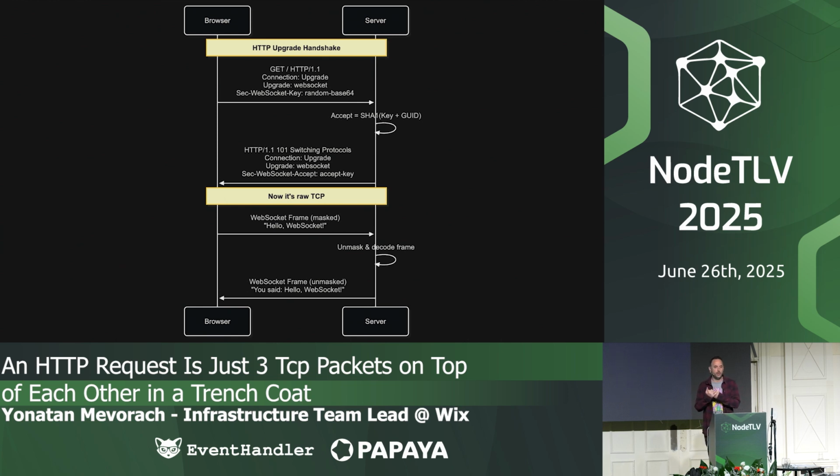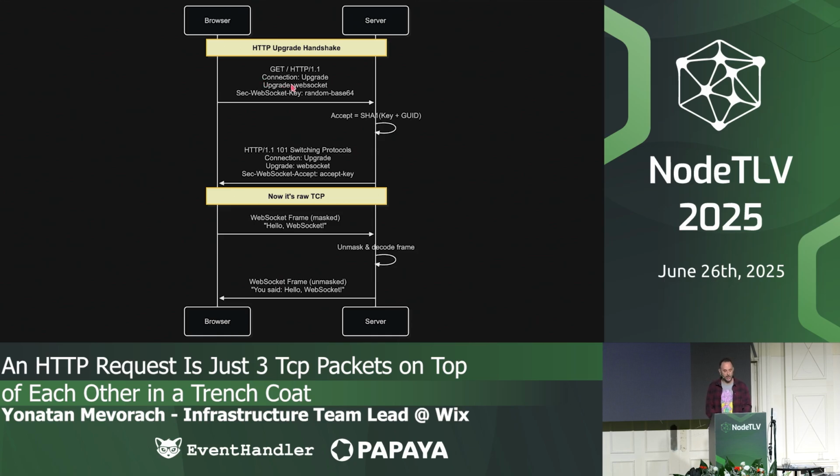Back before, when WebSocket was new technology, we had to find a way to establish this connection with existing servers that may or may not yet support WebSockets. So it starts off as an HTTP request, but we're giving the server the hint that we want to transition or upgrade to a WebSocket connection by sending headers that say connection upgrade.